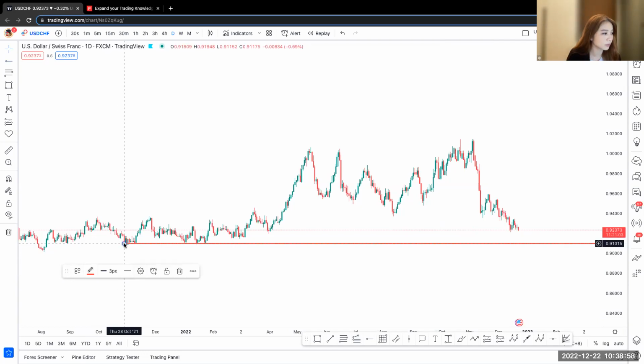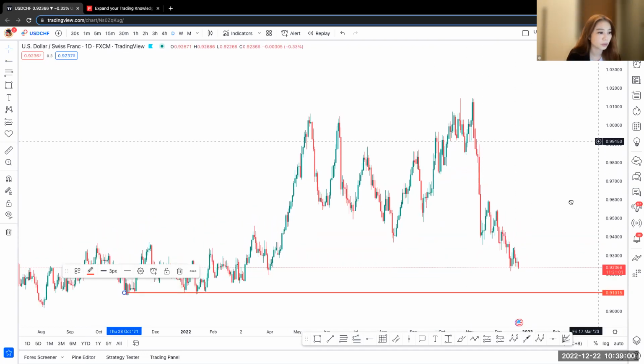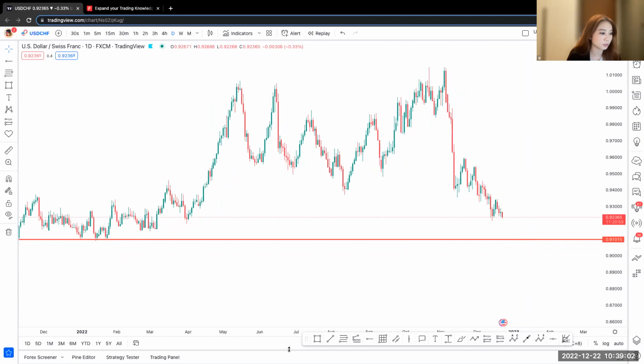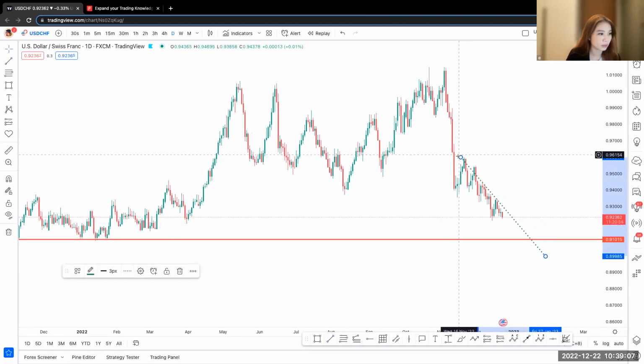Let's mark out this support first. Okay, we'll look at BTC in a while. This downward trend, very obvious. H4.